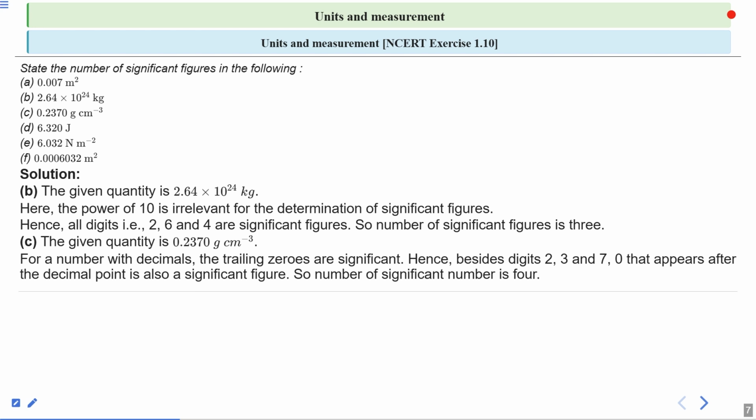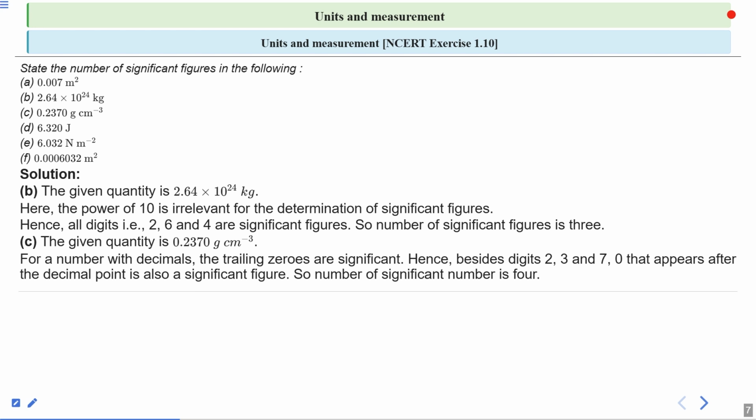Is it clear? Let's say there are 2 zeros after this decimal point, 0.002370. Then how many significant figures will be there? The significant figure number doesn't change.